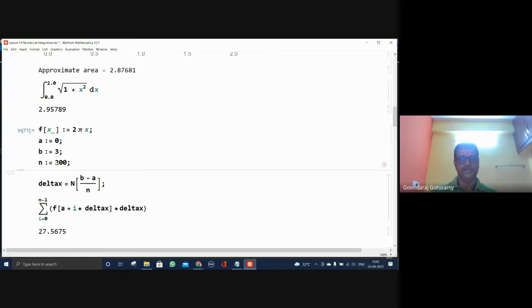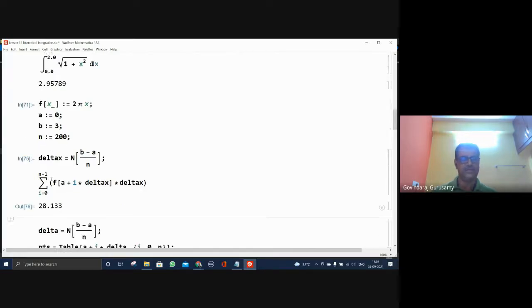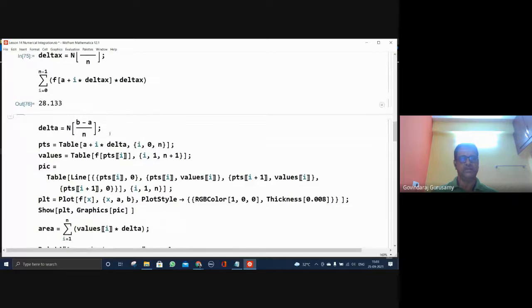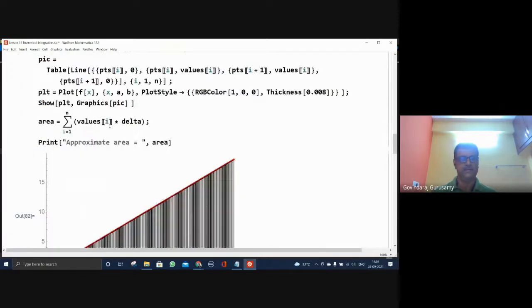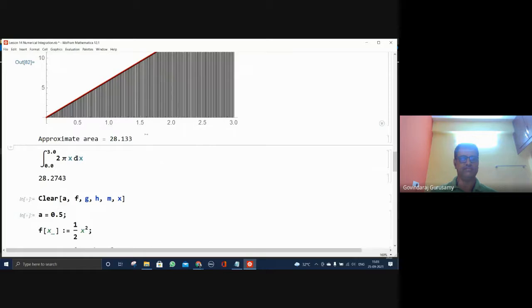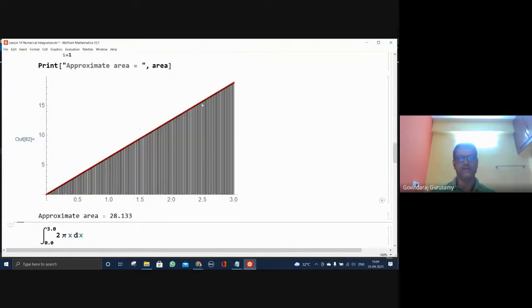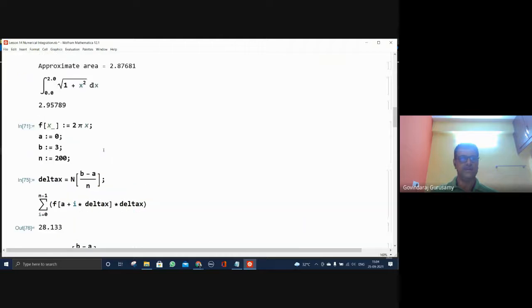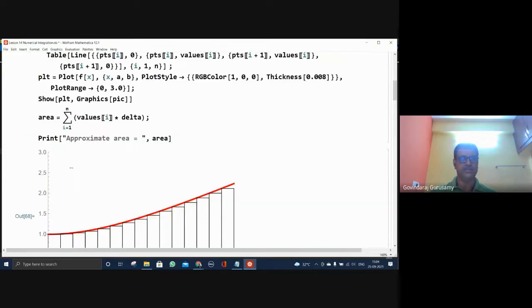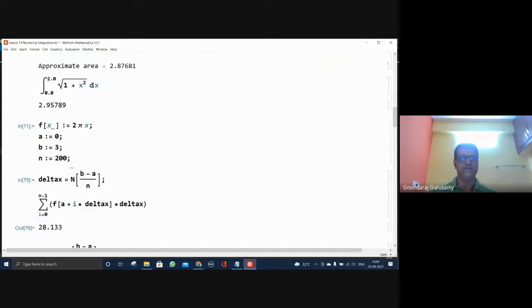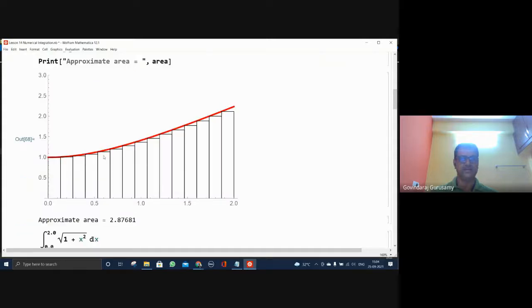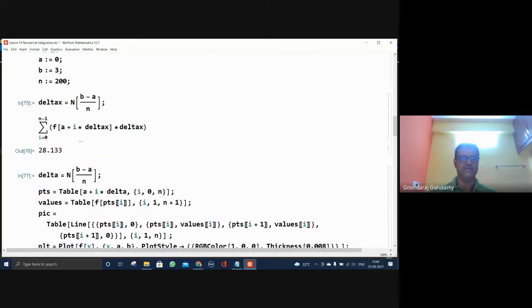Okay, the result now is 28.133. So now only we started coming close to 28.27. Even then only two digits we are having. Okay, so probably this requires many more steps than the other one, because this is a curved surface, which is a straight line.